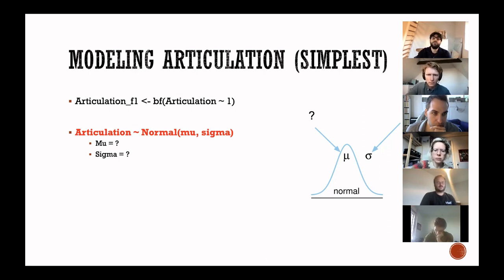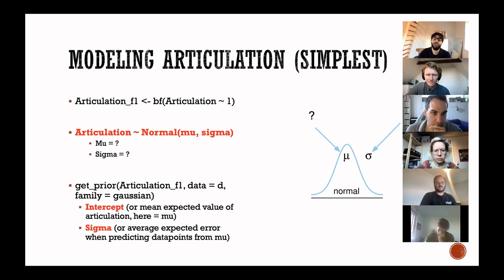Now, as you know, we need to build priors in our Bayesian model. We don't just calculate the mean as such, but we need to specify what we know. Otherwise, it's not Bayesian. We don't want to be clever.